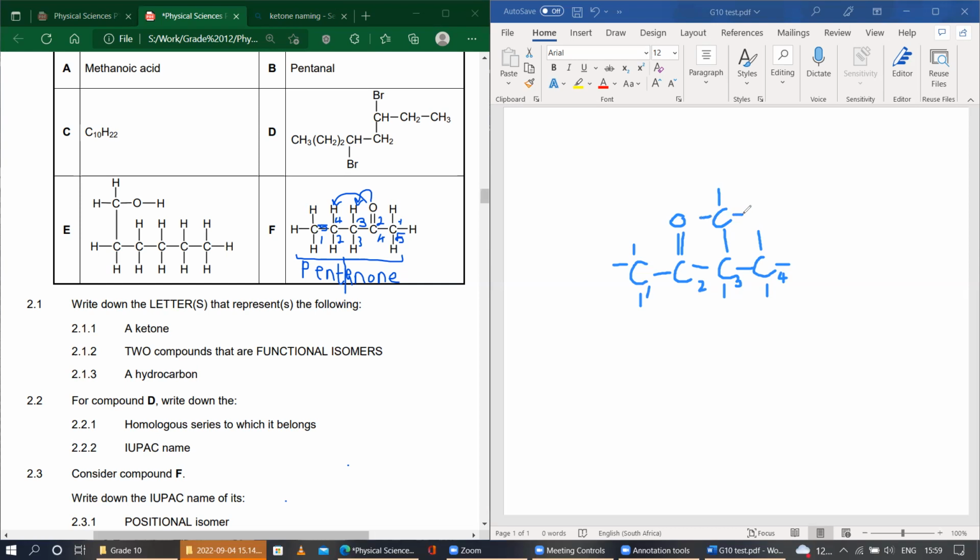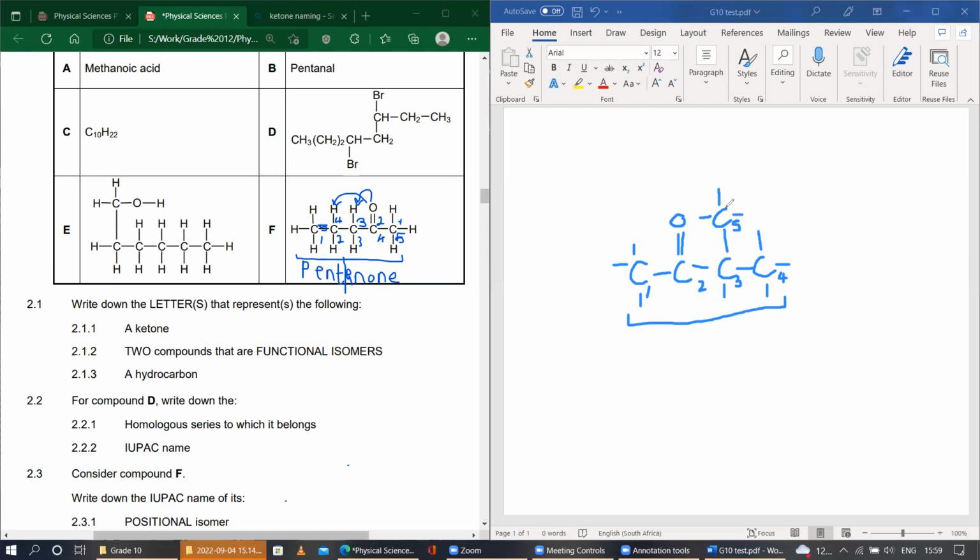Because now if you look at this, the chain is no longer the same. The longest chain no longer has 5 carbon atoms, it has 4 carbon atoms. So this change indicates that this is a chain isomer of pentanone.